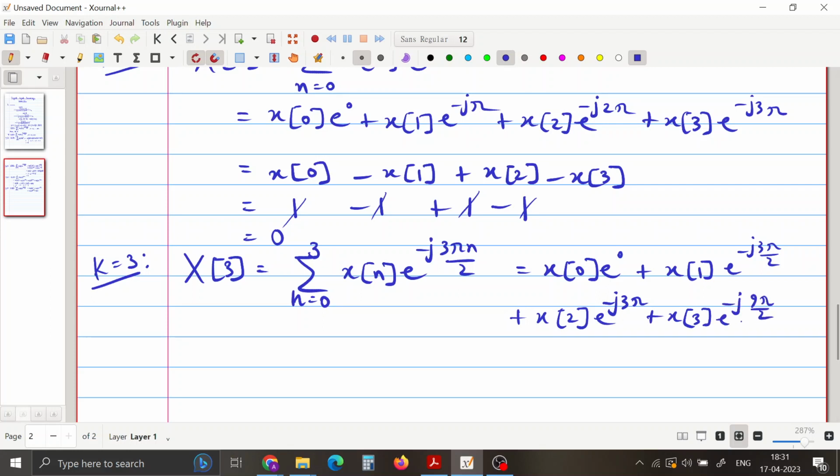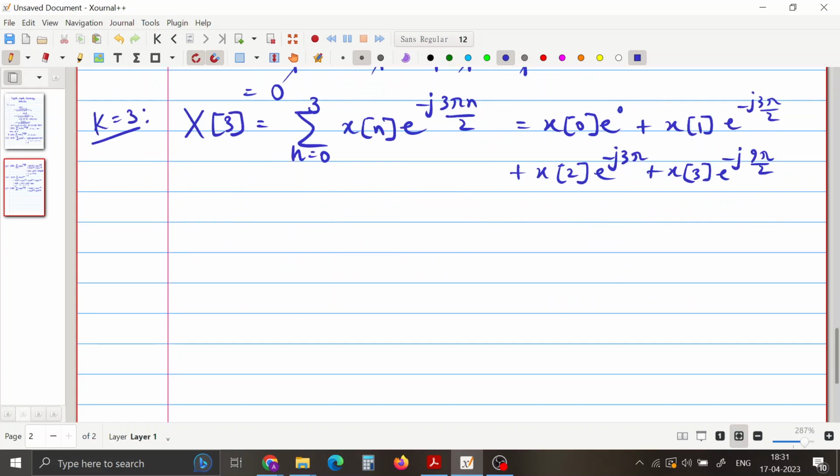I'm again just putting the values of these complex exponentials.